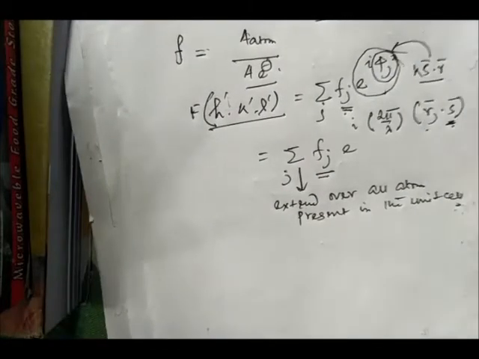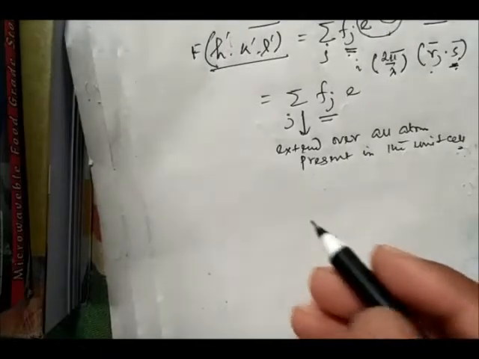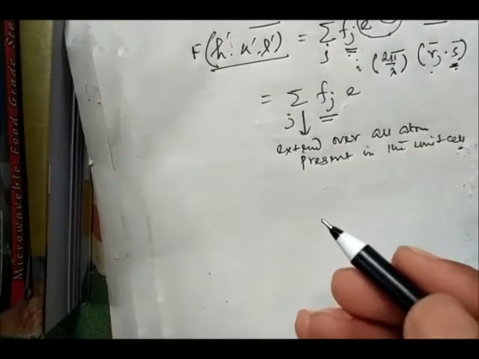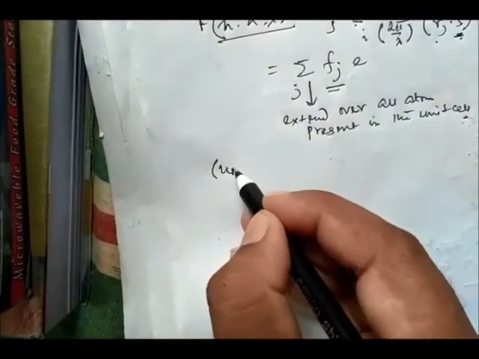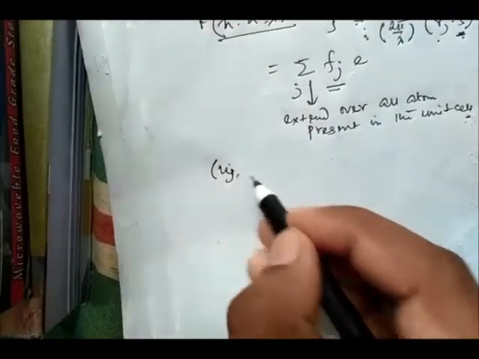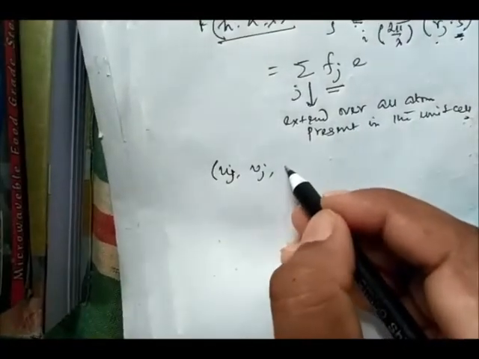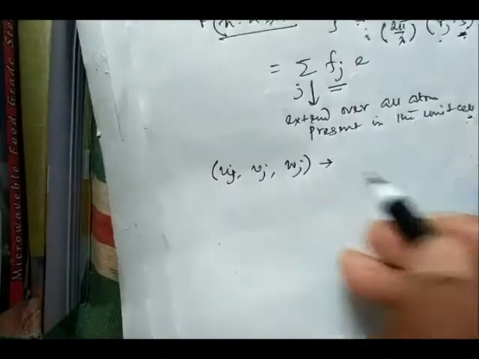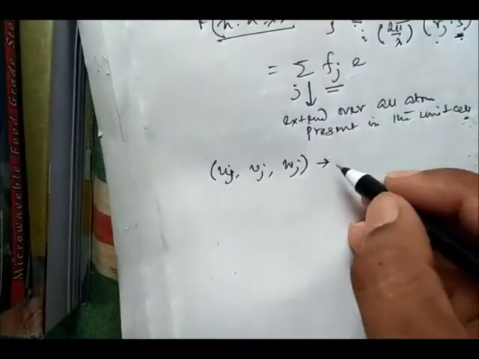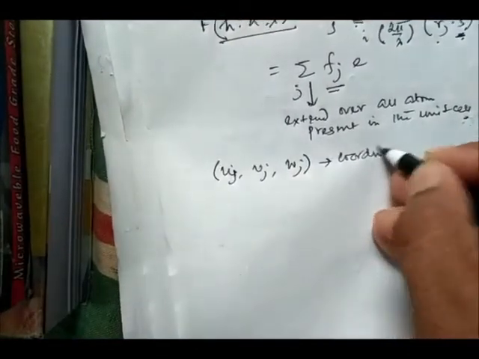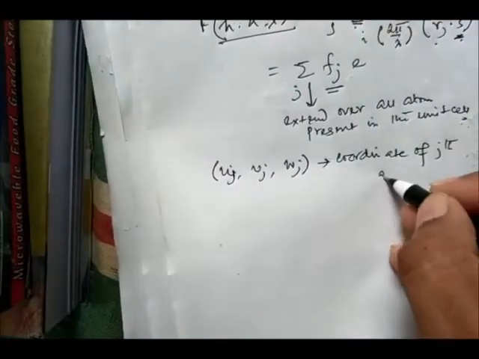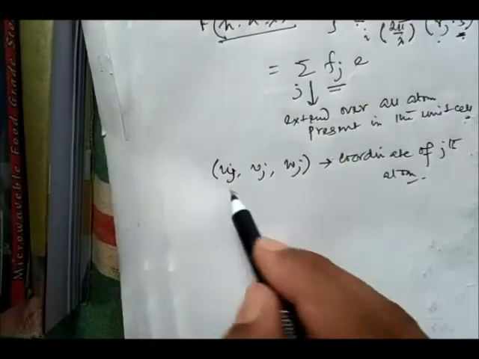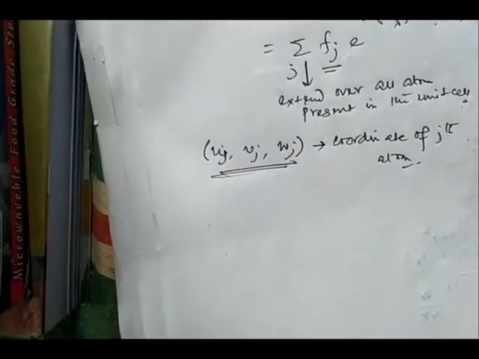If you extend this, what you will get? Assume that there exists a point which is represented by uj, vj and wj. This represents the coordinate of the jth atom.